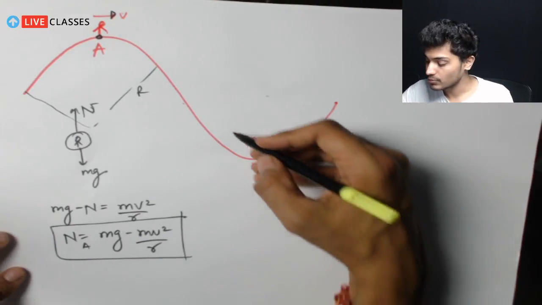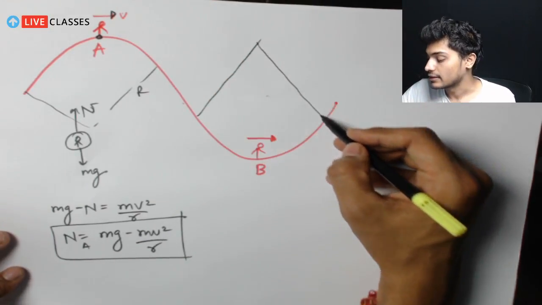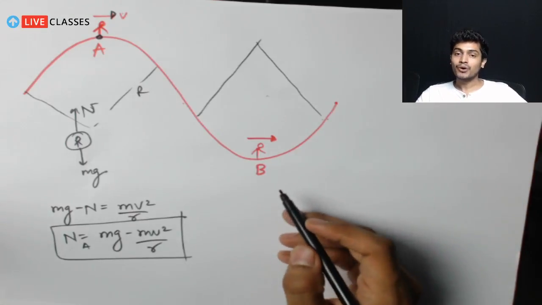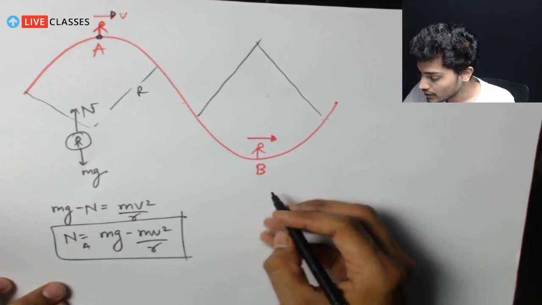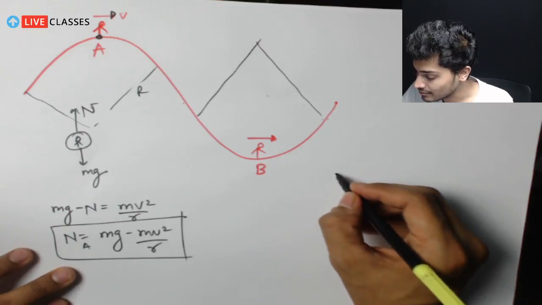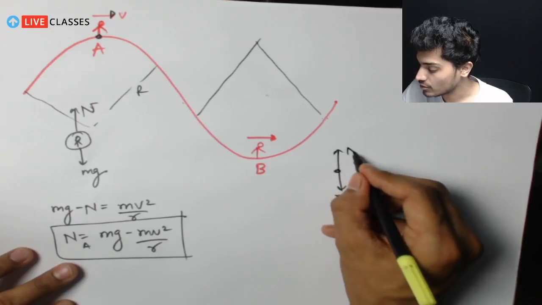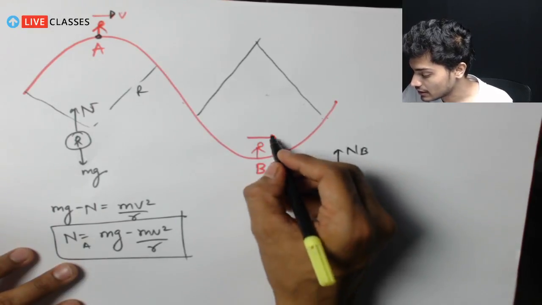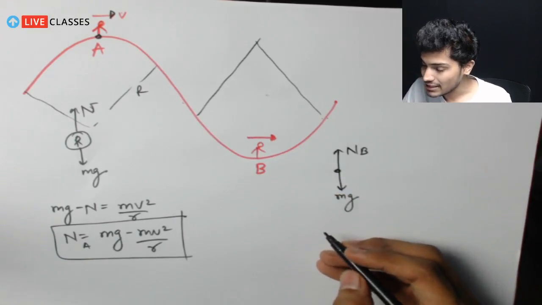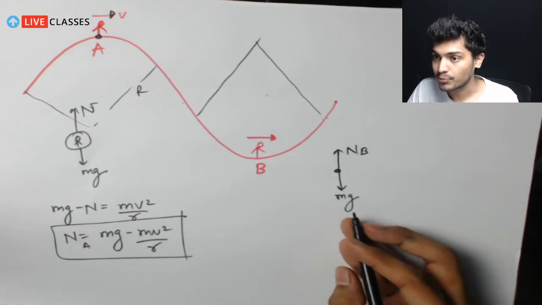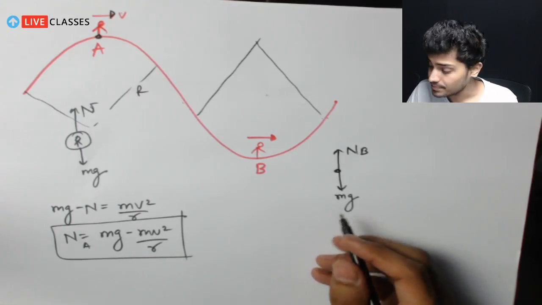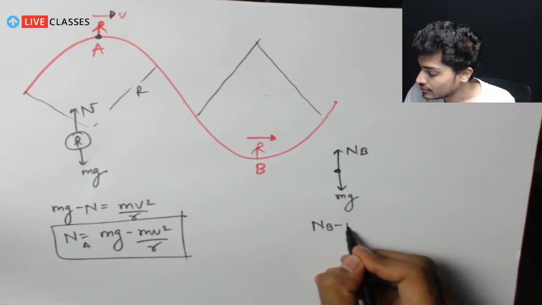In a similar way, suppose someone asks to find the normal at point B. So here also we just have to draw the FBD at B. The forces acting will be mg, and some normal acting in this way, and it has velocity. So what is the net force acting towards the center at point B? At point B, the net force acting is NB minus mg.